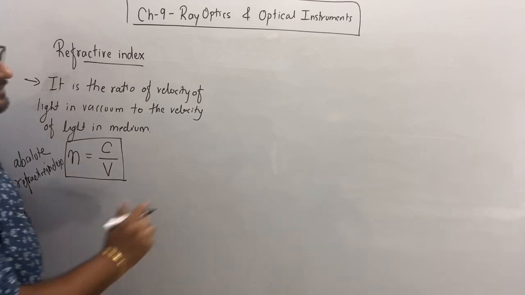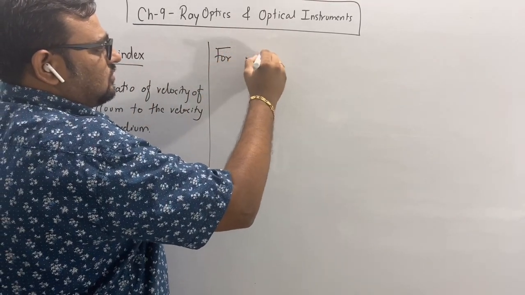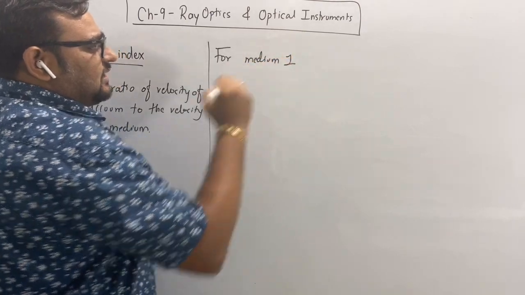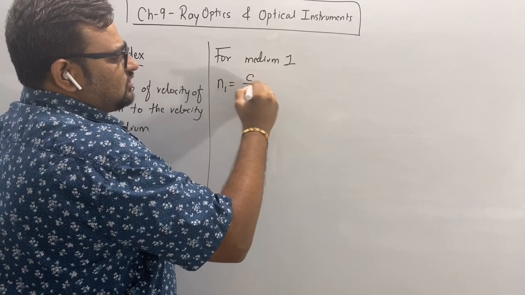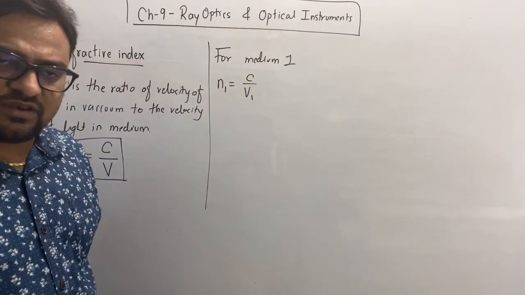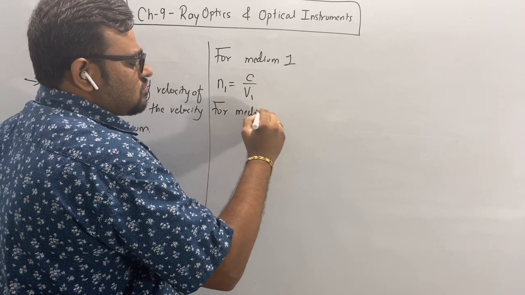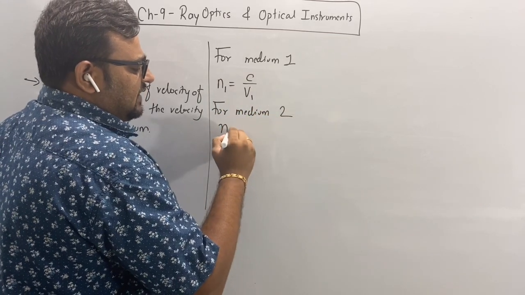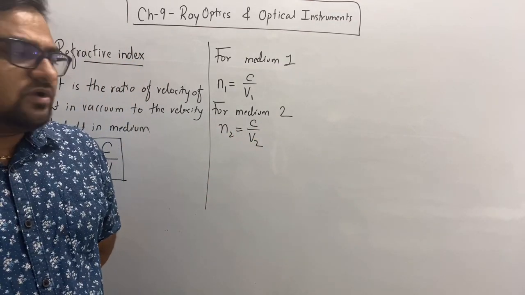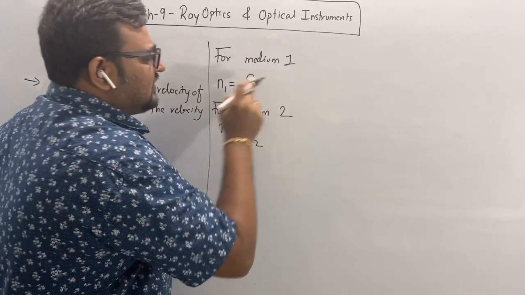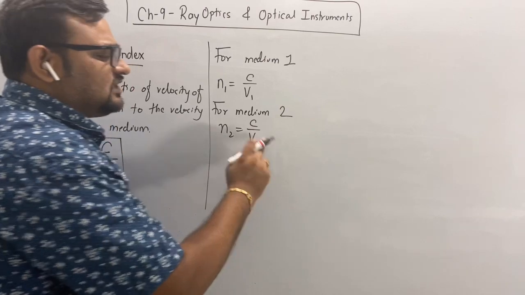For medium 1, the refractive index N1 is equal to C by V1. And for medium 2, N2 is equal to C by V2.